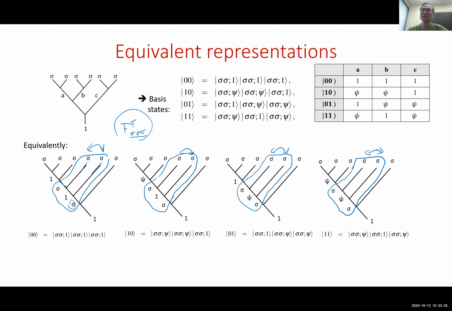Okay, so when we do the braiding of 4 and 5, it only mixes 1 and psi, right? Meaning that 0, 0, they all have 1. 0, 0, and 1, 0 look the same.